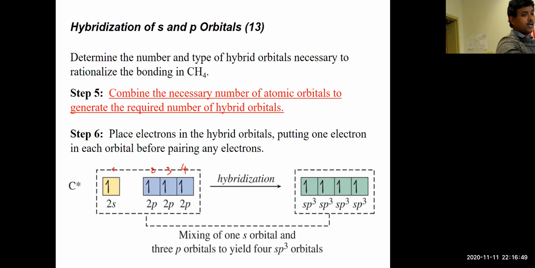That's why you already put electrons in the sp3. So why am I calling this one sp3? You tell how many atomic orbitals are mixed in the creation of hybrid orbitals. In the creation of carbon hybrid orbitals for bonding, you used 1 s orbital and 3 p orbitals. That's why we labeled it as sp3 hybrid orbital.